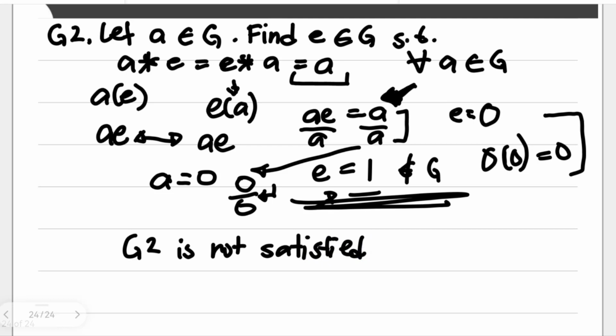With this already, we don't need to proceed to G3, which is the inverse. In the first place, the inverse of a number, especially in usual multiplication, is its reciprocal, and you will still have 0 over 0.